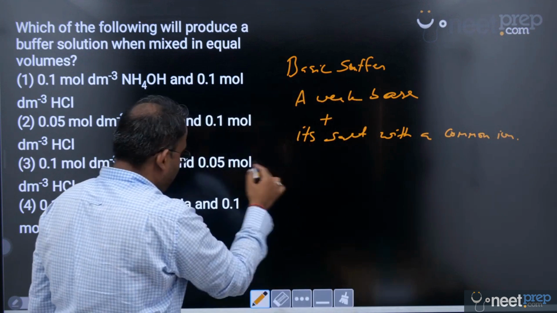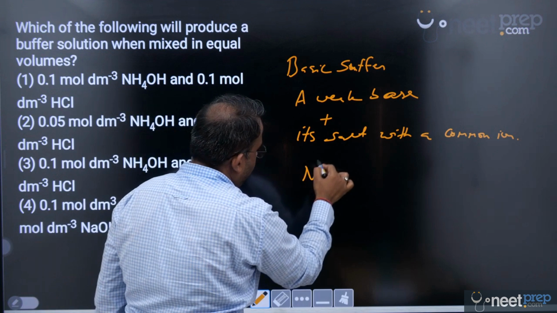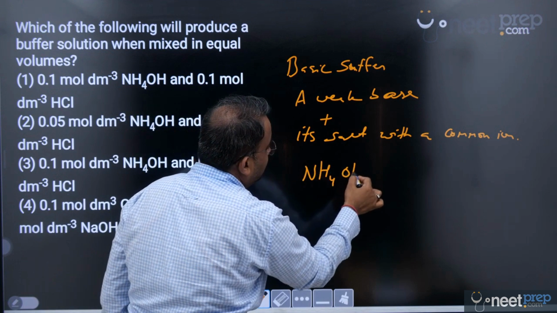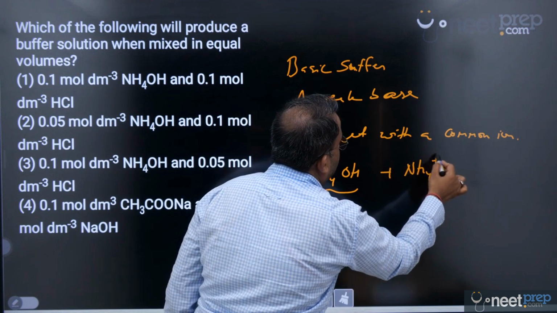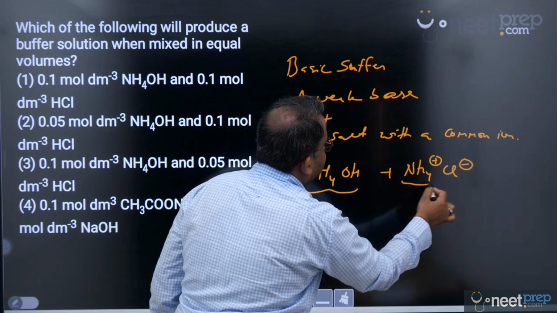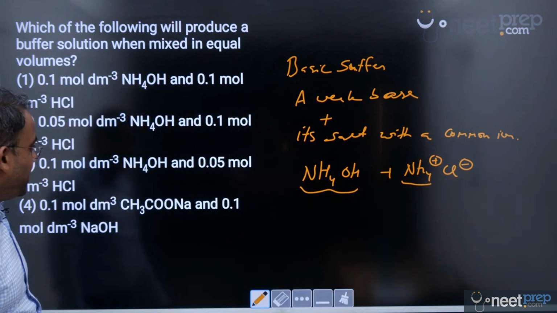For example, and this example pertains to this question of ours, ammonium hydroxide is a weak base plus ammonium chloride, which is a salt. Both of them have the ammonium ion as the common ion.